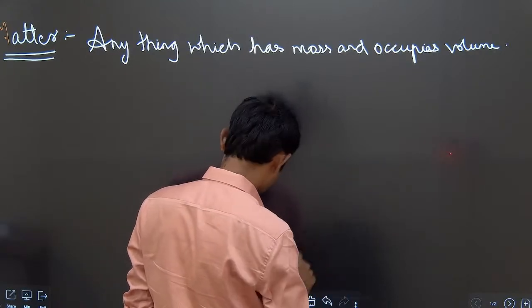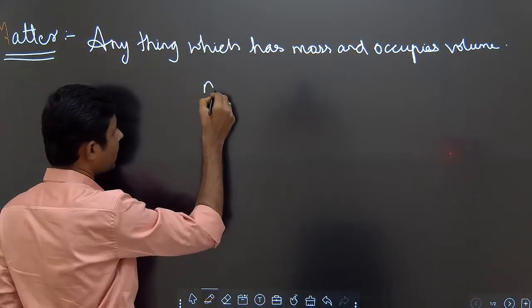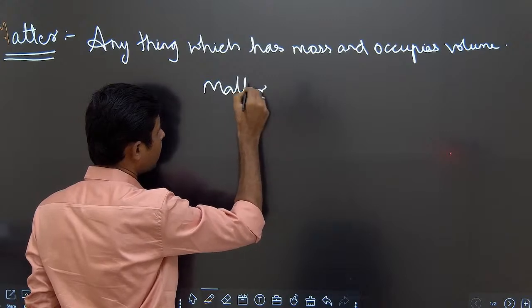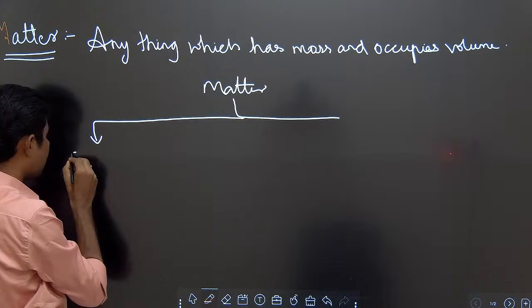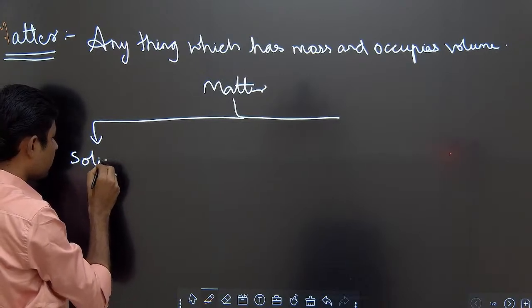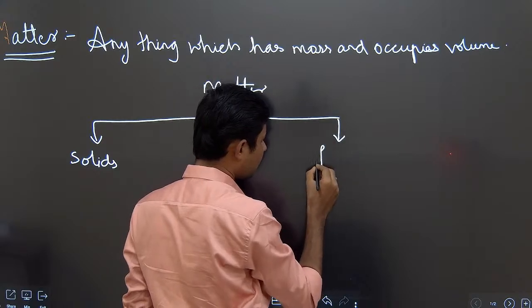So broadly, matter can be classified into different types. Generally, we define matter into two types: solids and fluids.